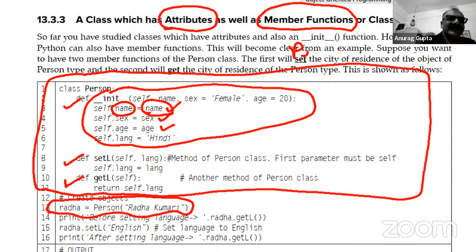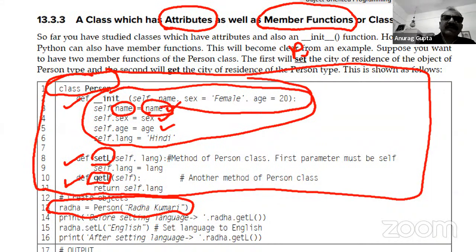Apart from this init method, there are two other methods: setL and getL, basically setting of the language and getting of the language. So in setL, I have created another attribute of this class person, which is not there in the initial function.